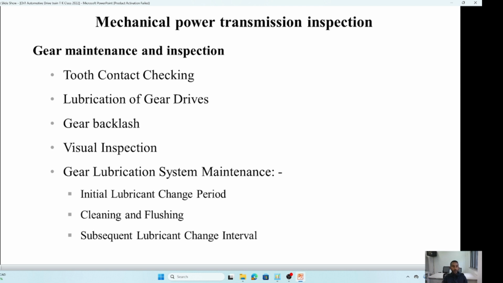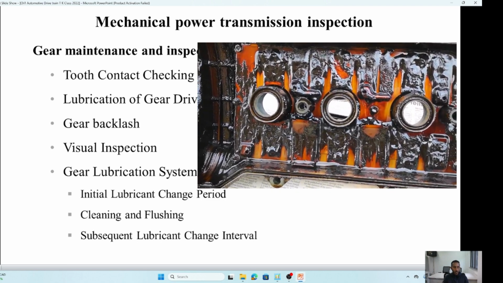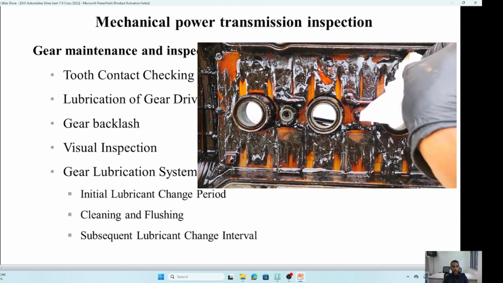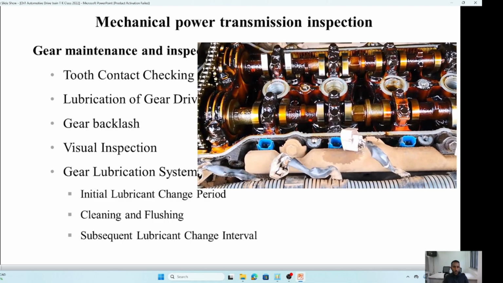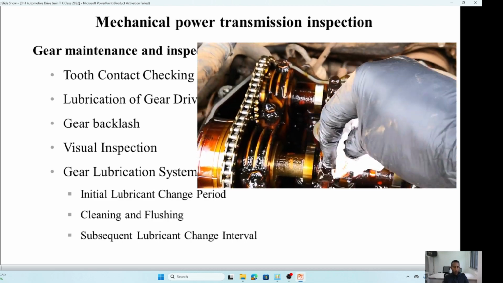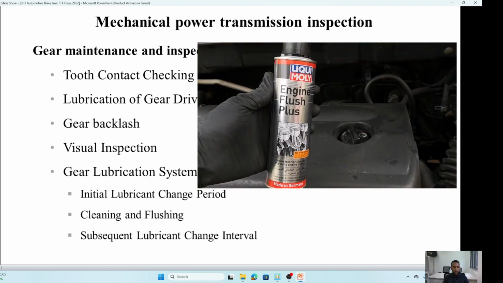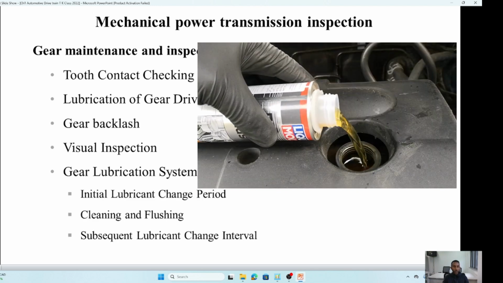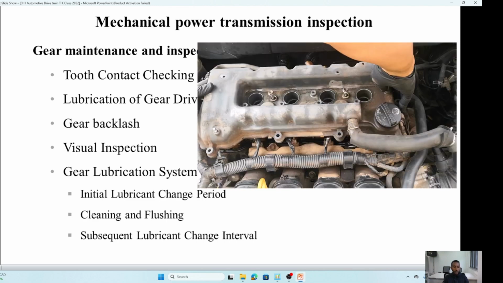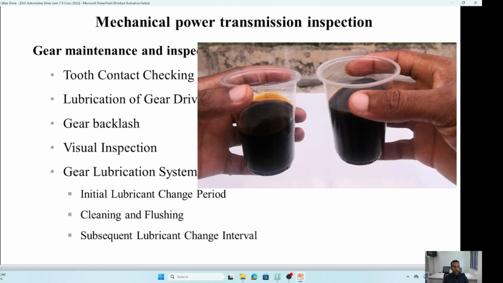The second thing performed in maintenance for the gear mechanism is cleaning and flushing. After a long period of time, the system requires some flushing, because when the oil is operated or stays for long in one container, it makes some sludge at the bottom. So to remove that sludge, it's better to flush the system.